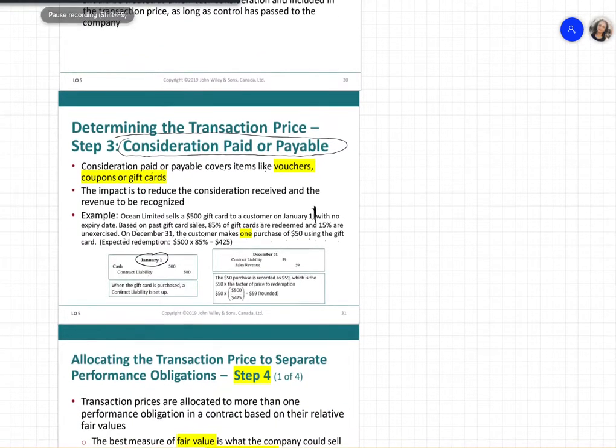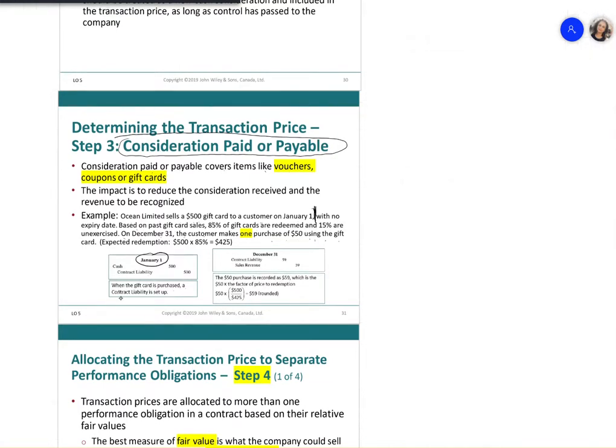So now when the gift card is used, the contract liability is set up. In this case, we have a contract liability, so we are going to debit the contract liability and record the sales revenue. How are we going to do it?